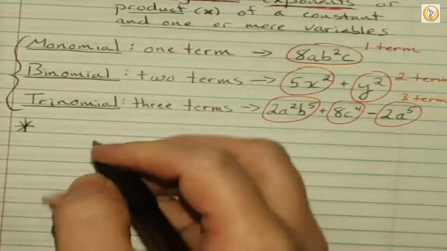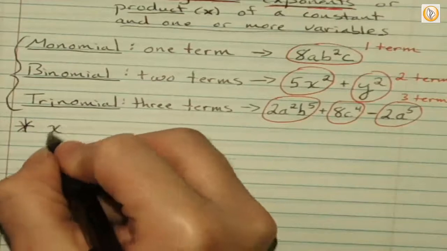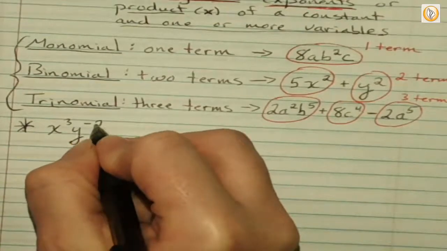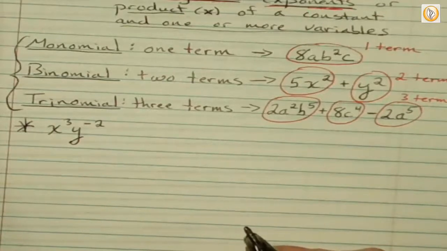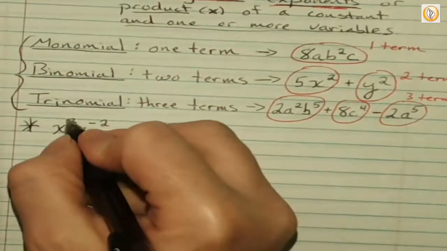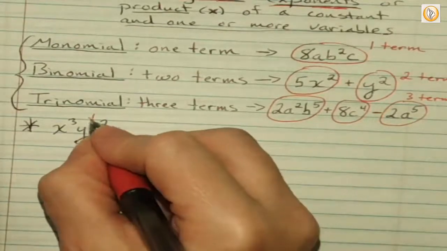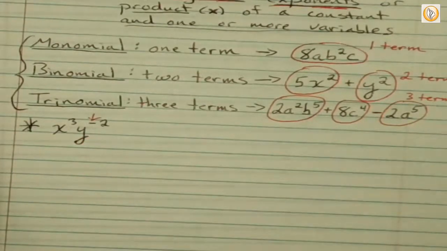Star x cubed y to the negative 2. Oh no, we have a negative exponent. Can we have a negative exponent?